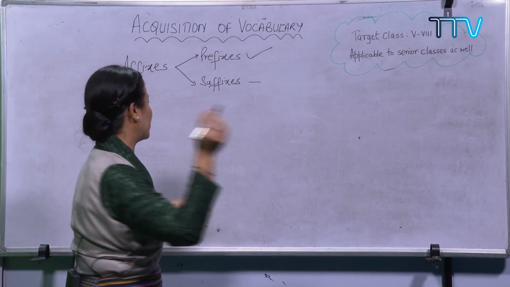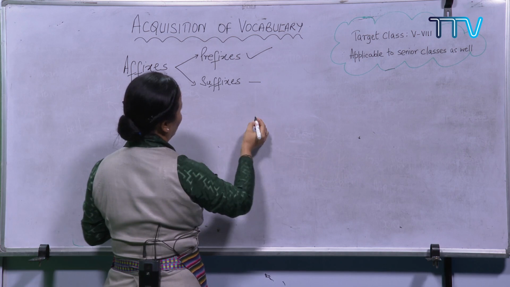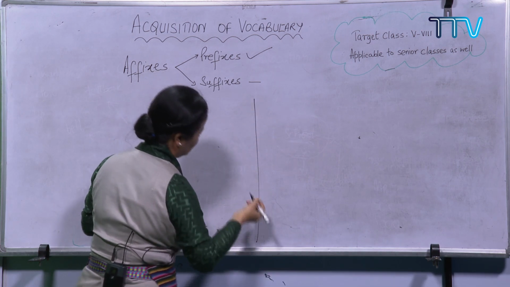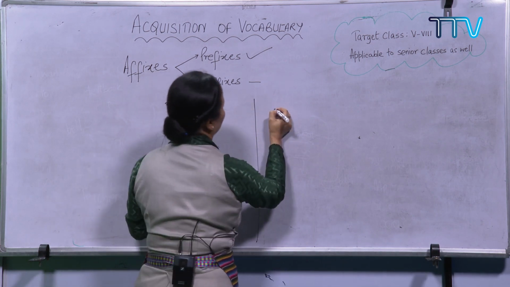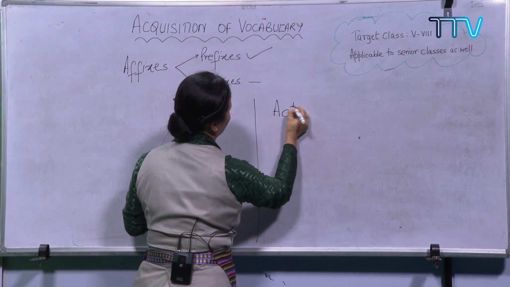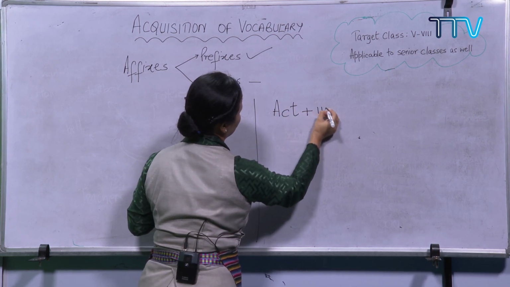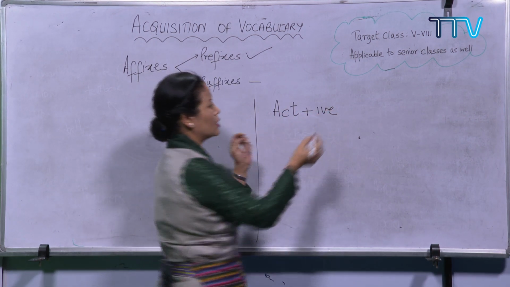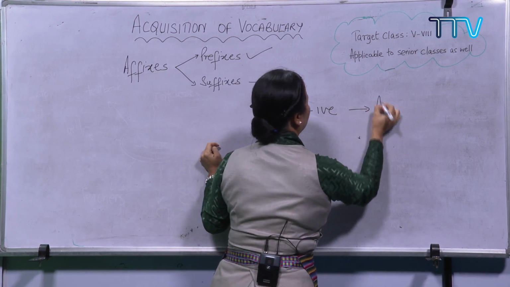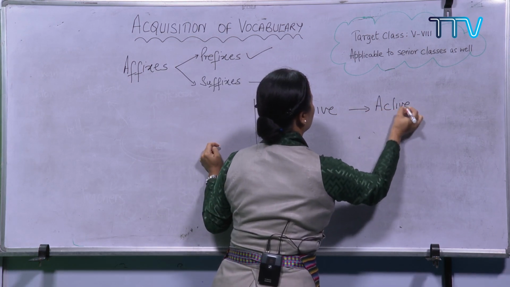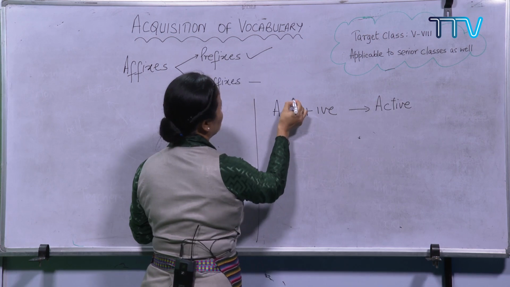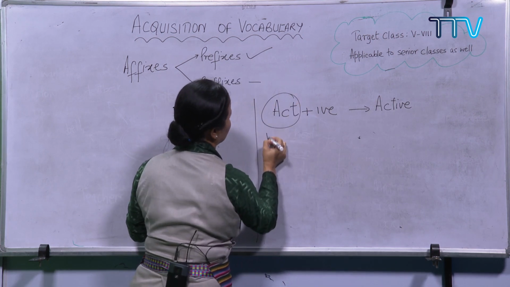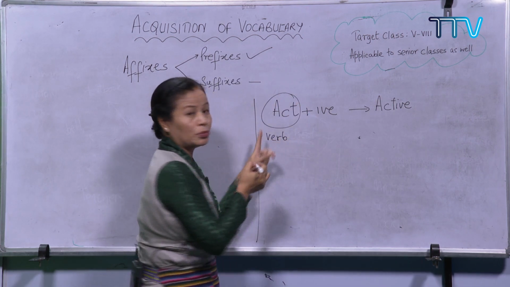Here I just want you to look at the board. I'm taking the same example here. What we discussed was act plus IVE. What did we get? This word act is a verb, isn't it?